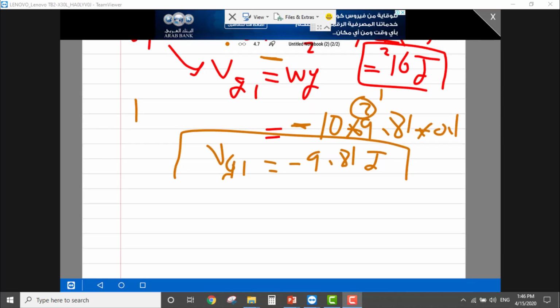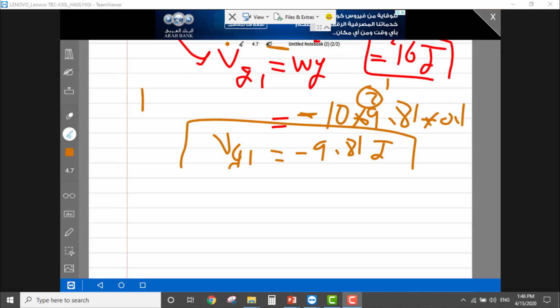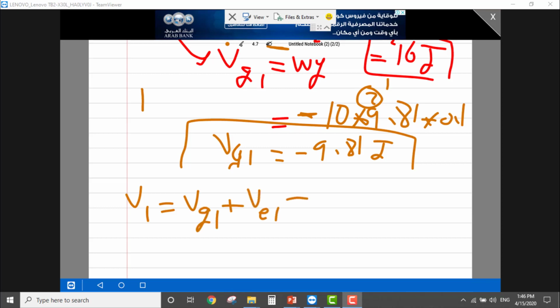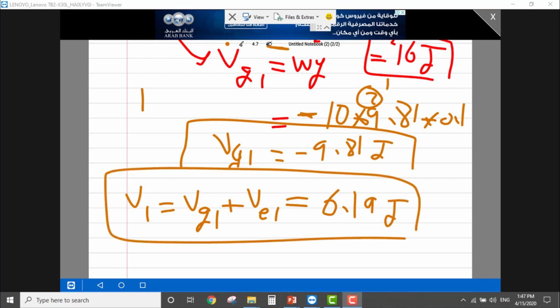So V1 is equal to V gravitational 1 plus V elastic 1, and this is equal to 16 minus 9.81, so this is 6.19 joule, and then I will name this as equation 2.